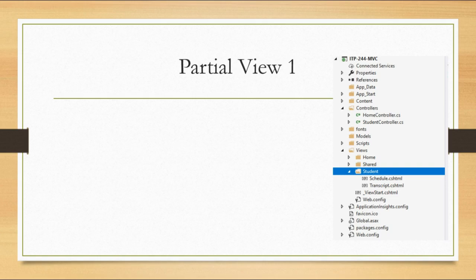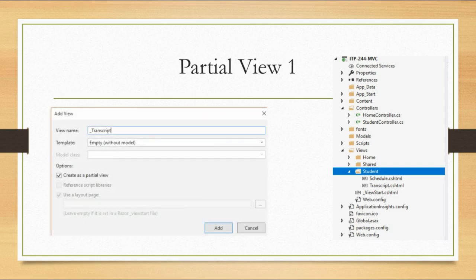Now the common naming convention for a view, again, like we did before, we do a right click and add. The common naming convention is to put an underscore in front of the view name. You don't have to, and sometimes you see people who don't do it. I like doing it.